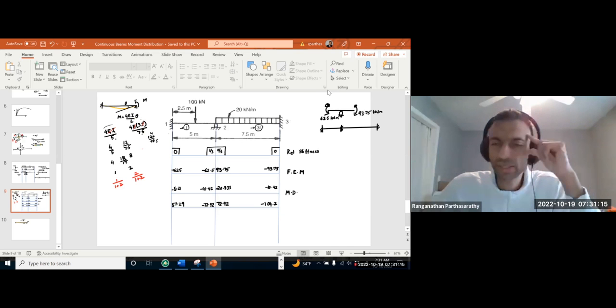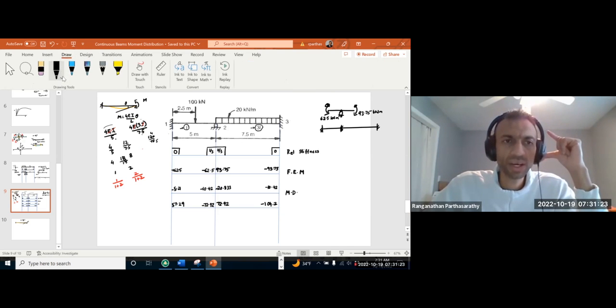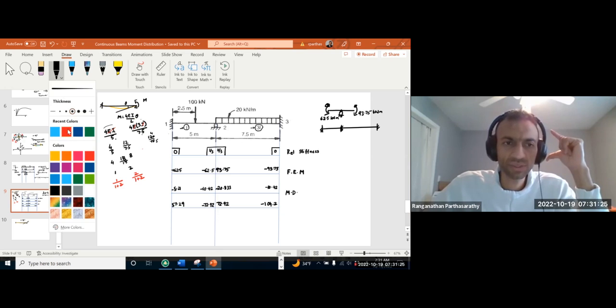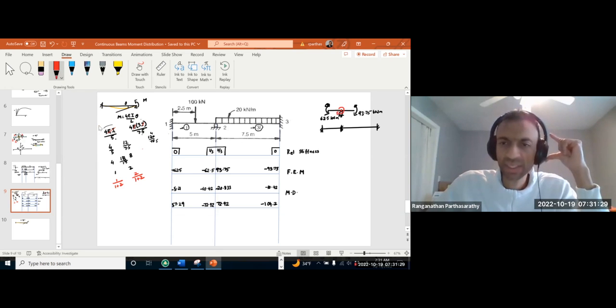So totally we had a clockwise moment of 31.25. That was the unbalanced moment at this joint. But we want to make it balanced, so we apply counterclockwise 31.25 at this joint. So that means negative 31.25.